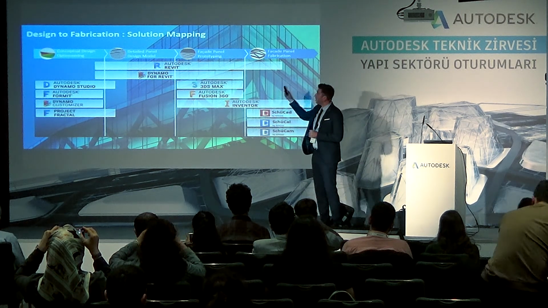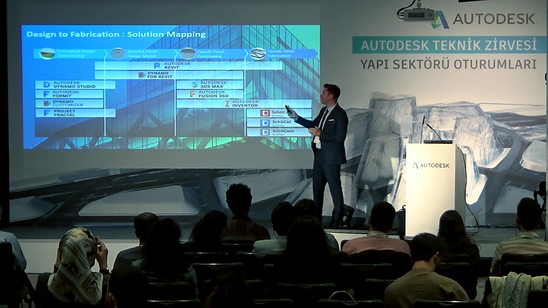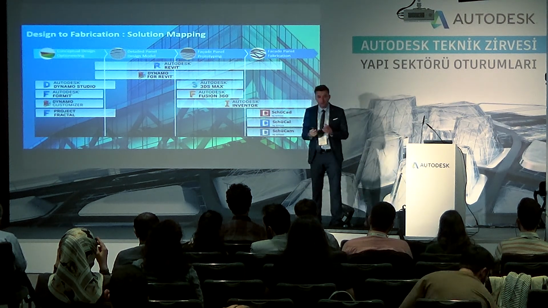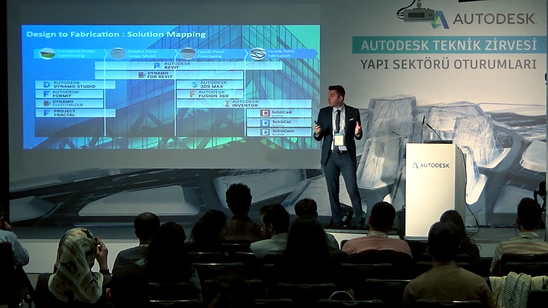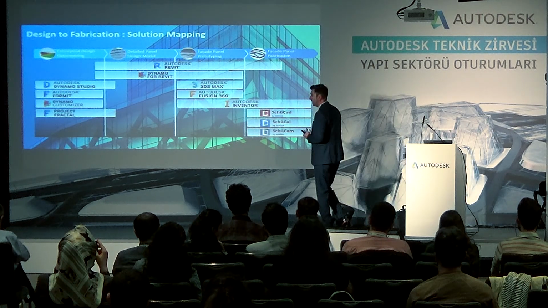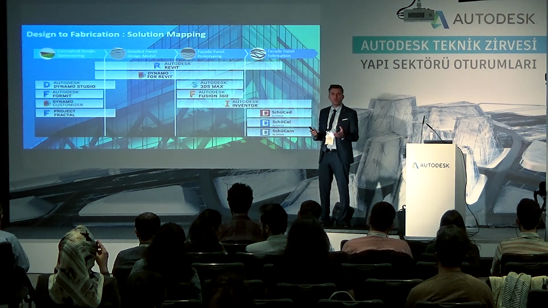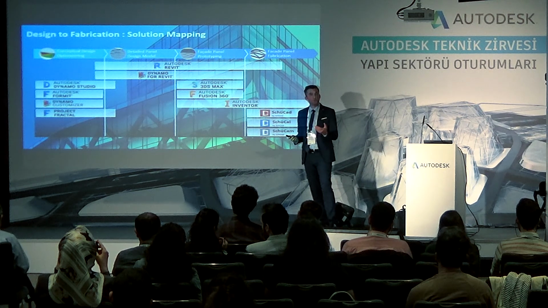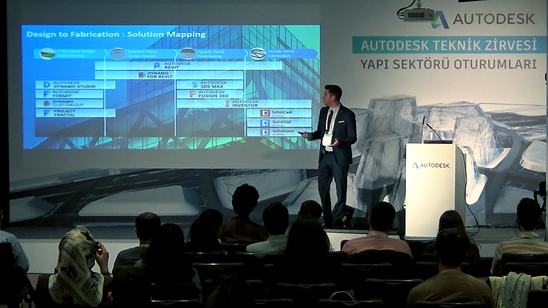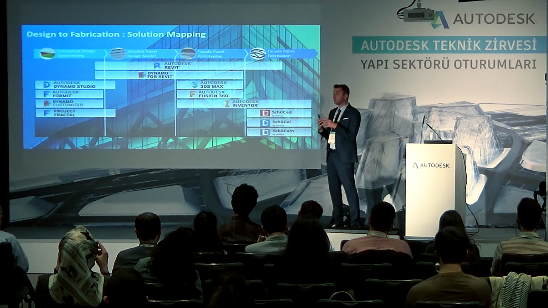Also, we can use 3D Studio Max for visualization and rendering. We can use Fusion 360 as well to create a ready-made model for 3D printing. Sometimes the architectural models that we design are not always printable, so we can use a very simple design tool, Fusion 360, to create a 3D printing ready model.